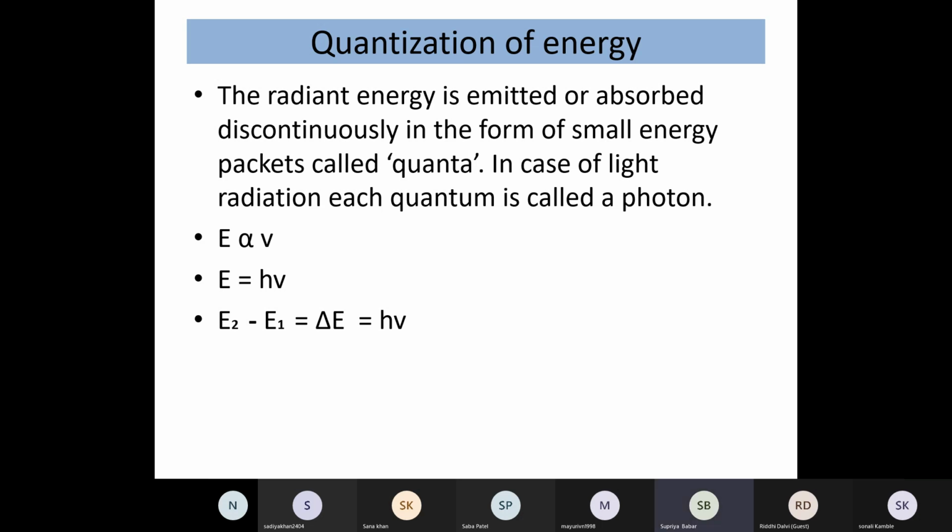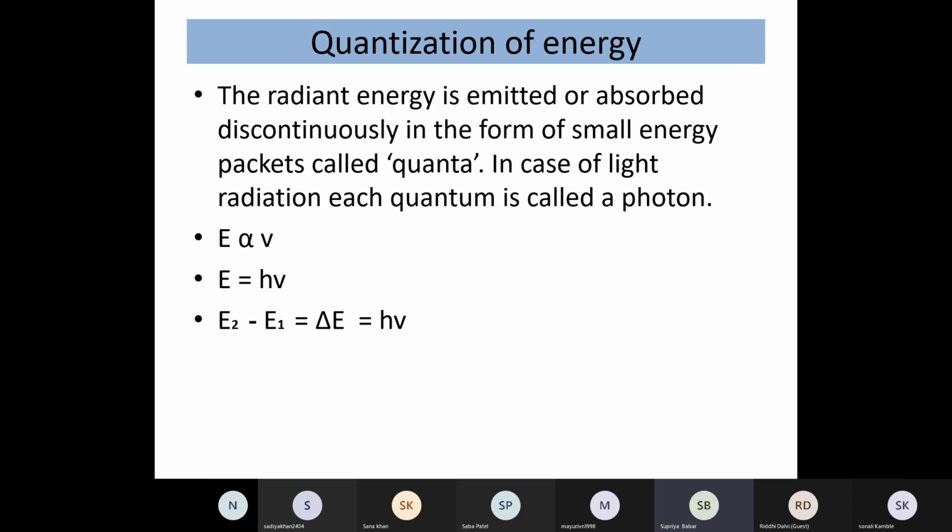See, the radiant energy has a dual nature. It behaves as a wave and also as particles. So this dual nature explains the different properties of radiation.